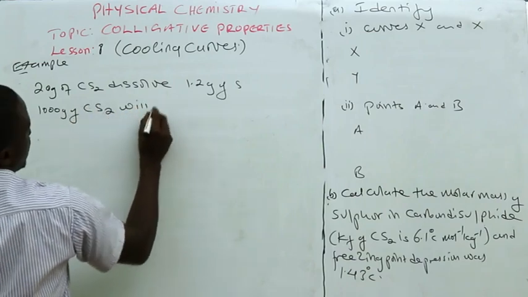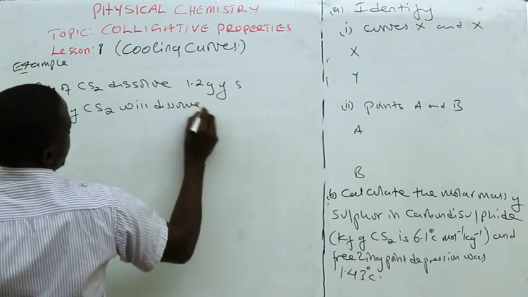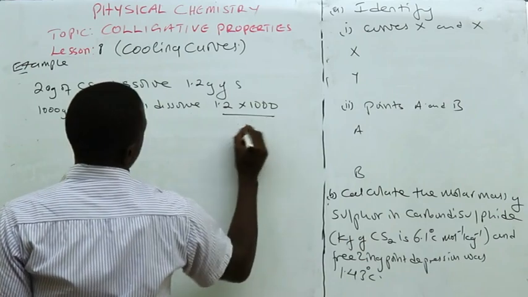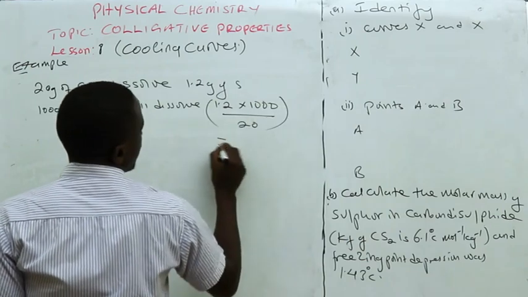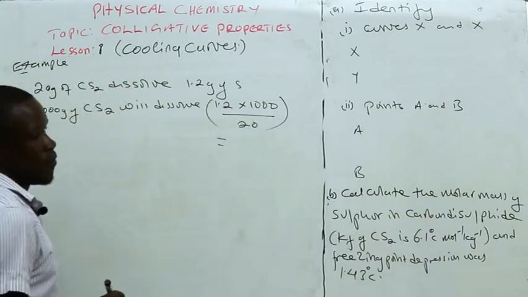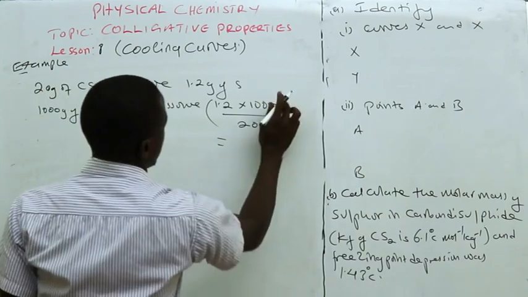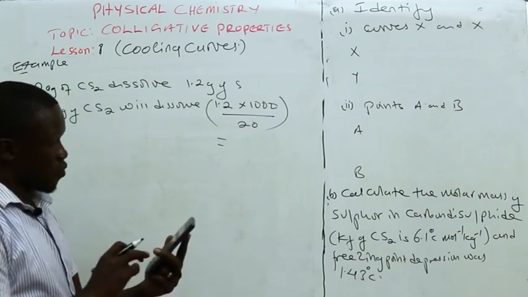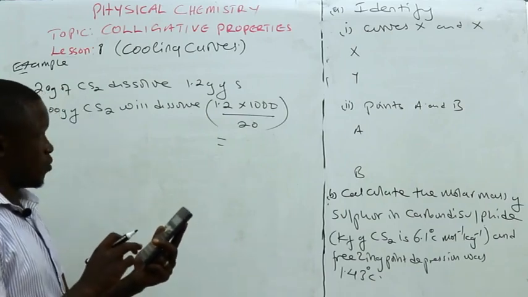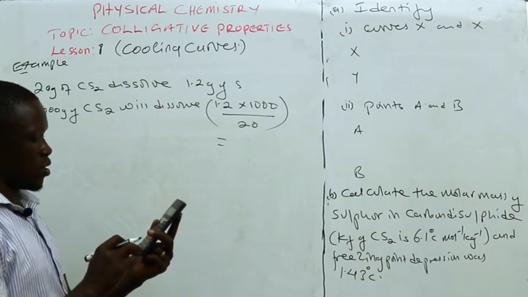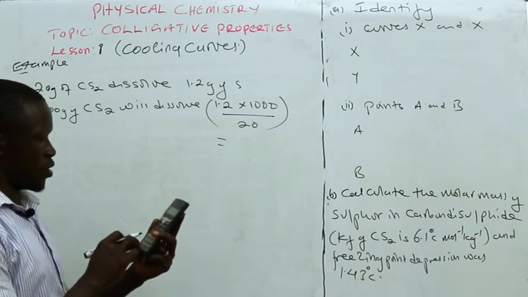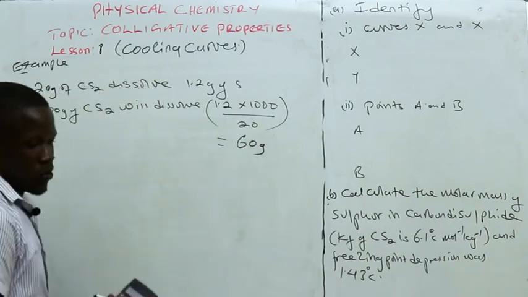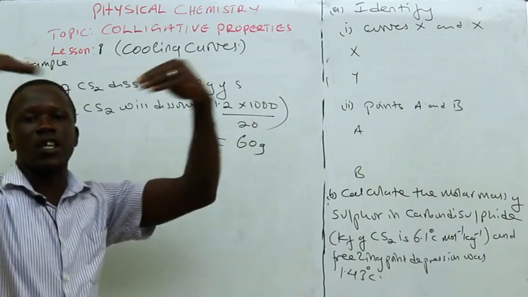It will dissolve 1.2 times 1,000 over 20. We compute the value and you will have 60 grams.